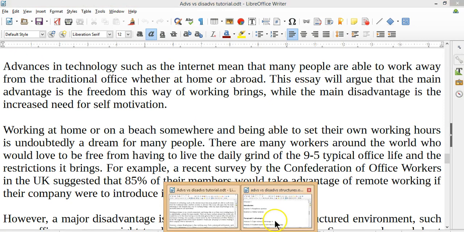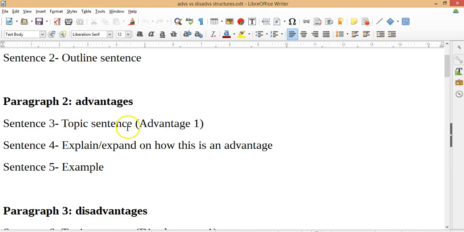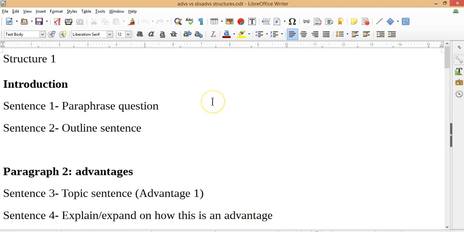And the structure, as we've seen: paraphrase, outline, topic sentence, explain, expand. I'll post all these files and the essays on my site, prepareielts.com, and I'll put a link to it afterwards.